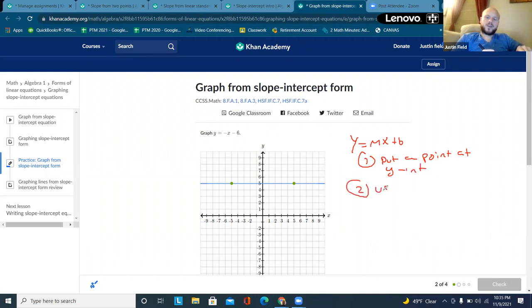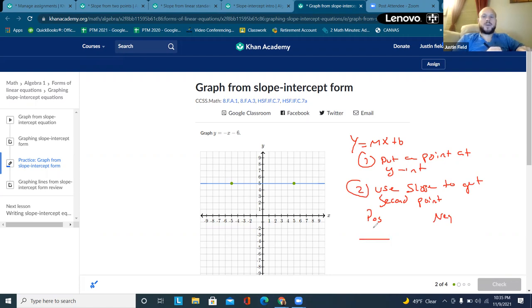Number two, use the slope to get the second point. How do you do that? Well, the slope is positive or the slope is negative, right?